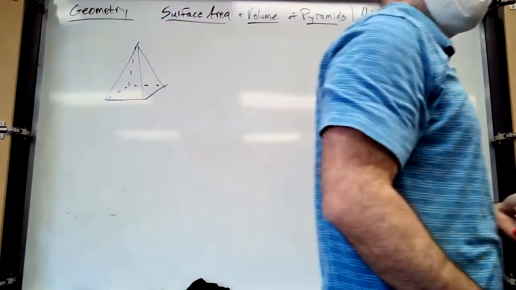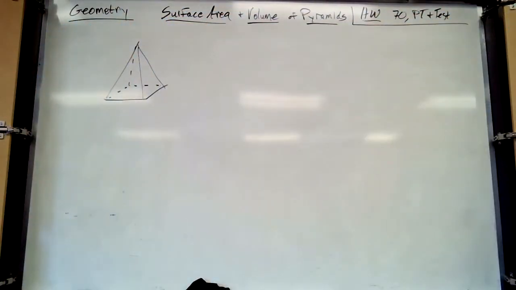So the surface area is just the bottom and like 4 faces, right? And if that's a square pyramid, then all 4 of those triangles are going to be congruent, right? So to find the surface area, you just have to find the area of the bottom, and then the area of all 4, or 4 times the area of one of those faces, right?